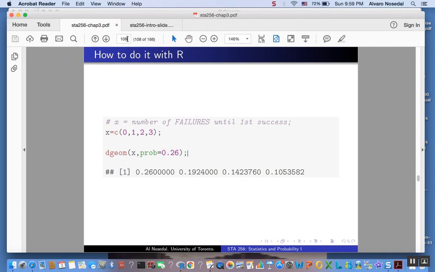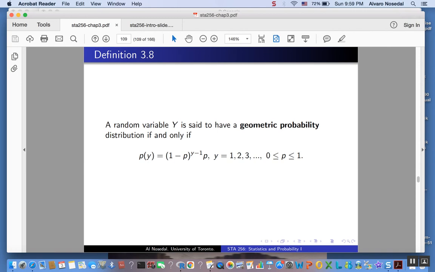Now, finally, let me show you the formula that we are going to be using in our textbook. That comes from our textbook. So a random variable is said to have a geometric probability distribution if the formula looks like this. And this is what we had in that particular case. Note that P is the probability of success in any given trial, and for that particular example, P was equal to 0.26.